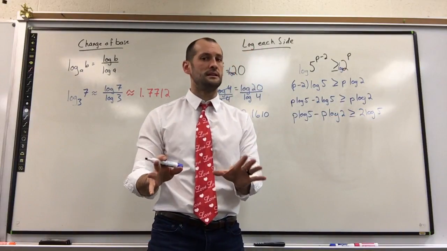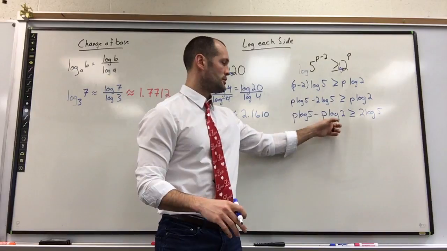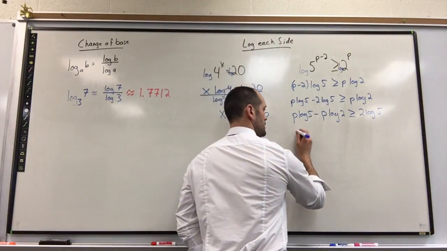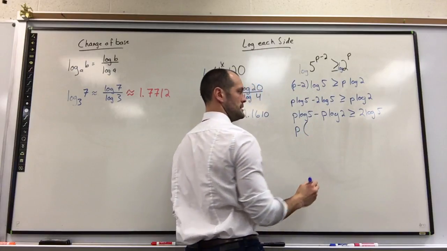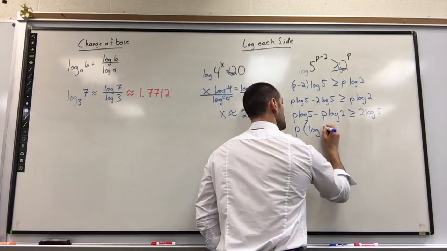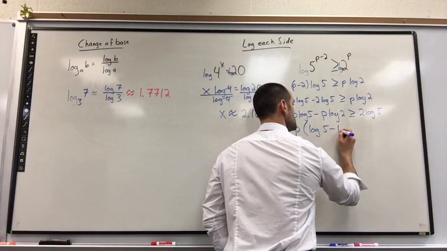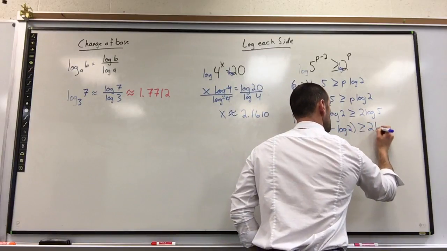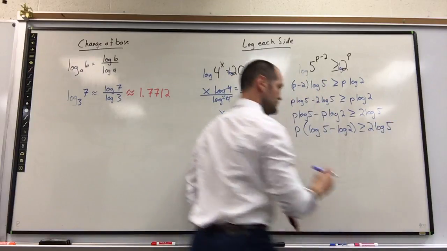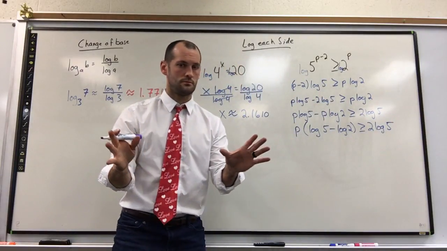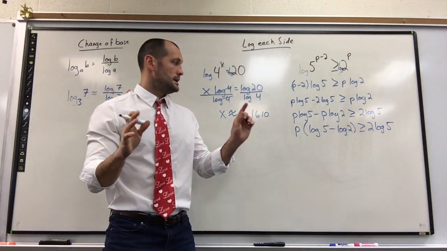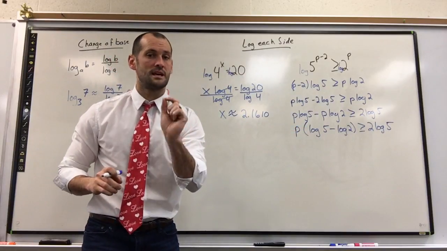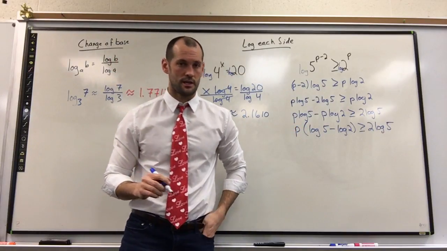Look at what we have now. I want to solve for p. Do you notice that these both have a p? I'm allowed to GCF it real quick. P times log of 5 minus log of 2. Everybody okay? Pretty basic. Now, look at what I'm going to do here. I'm using properties to help myself out so I don't have to use a calculator yet.